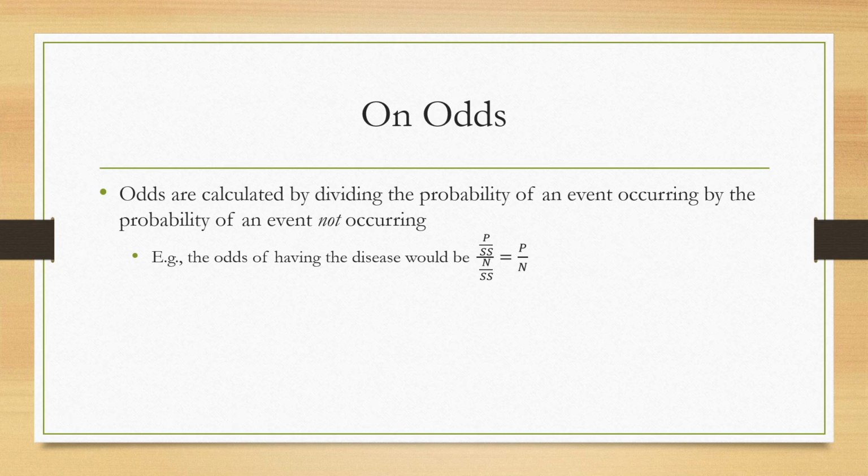Yeah, just 1. And if you think about it, let's say we've got 50 people in each group, again, equal probability. P, the total number of people with the disease, 50, divided by N, total number of people without, 50. 50 divided by 50 is 1. The odds is 1. The probability is 50-50.